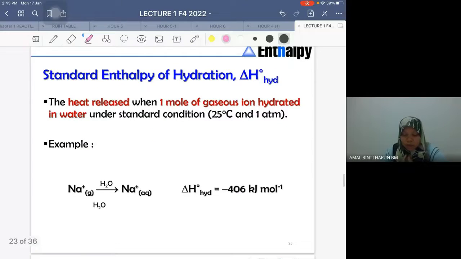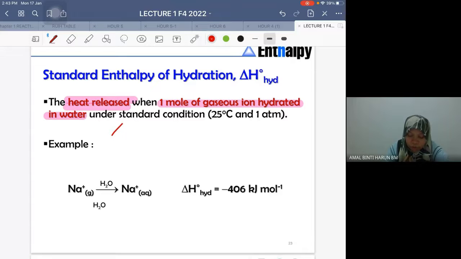Okay. Yang seterusnya, enthalpy of hydration. Hydration is the heat release when 1 mole of gaseous ion is hydrated in water. Beza dia adalah ion X+, ion of course gas. So dia masuk ke dalam air. Bila dia masuk dalam air, kita tulis macam itulah.